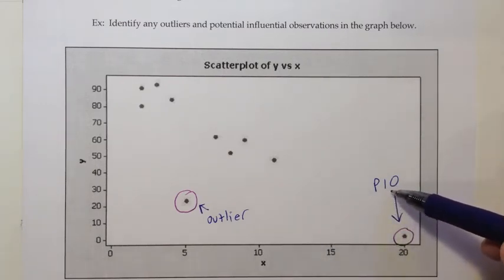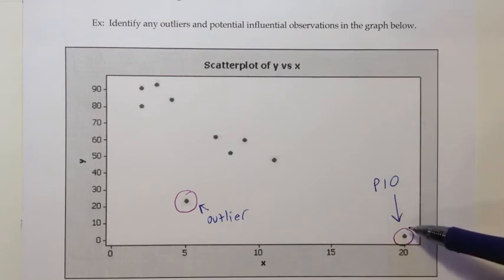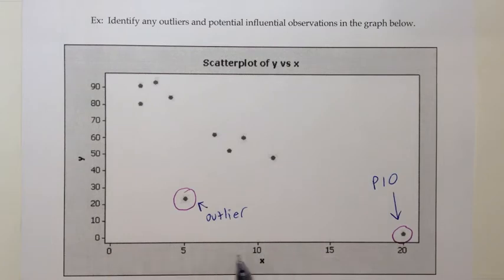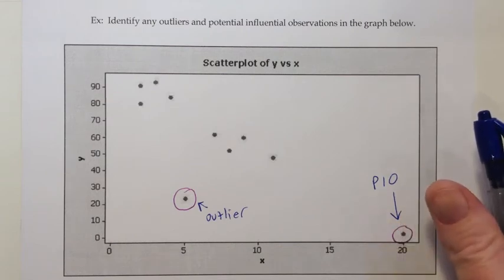The potentially influential observation is an easier discussion, I think. Should we keep it or should we throw it out? That depends on the kind of predictions we're going to make. If we're going to be predicting the price of younger cars in the like 2 to 10 to 11-year-old range, then I don't think we want a 20-year-old car having a lot of say in how that comes out, and I would toss that.